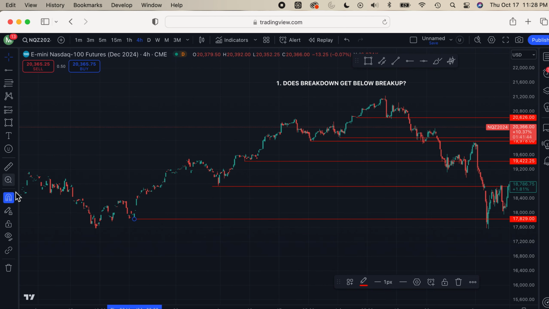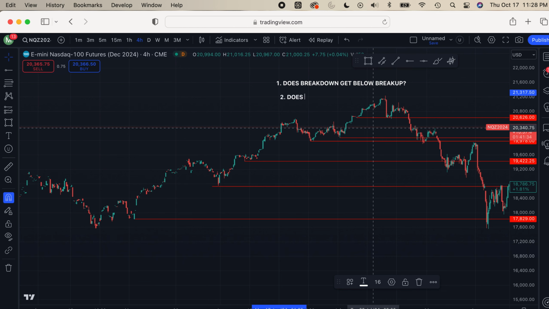So, on a true reversal, rule 2: does the down leg bounce before the pivot or swing high, right?